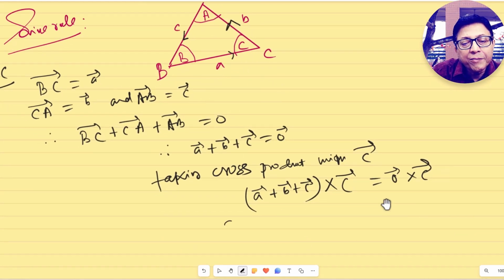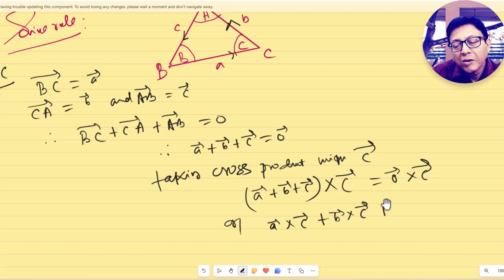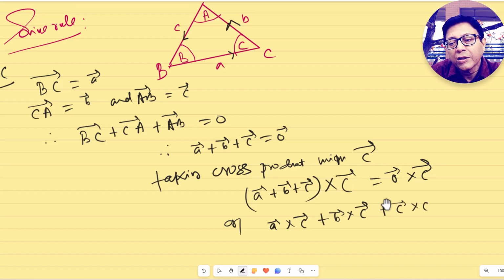Now taking the cross product with the vector C first. This 0 means the 0 vector, no?